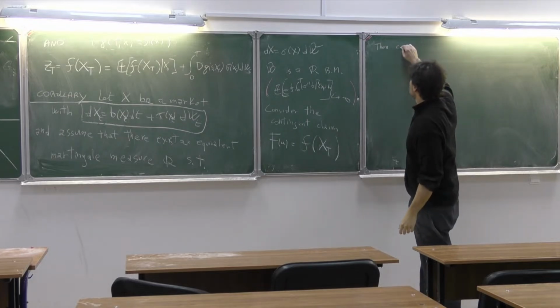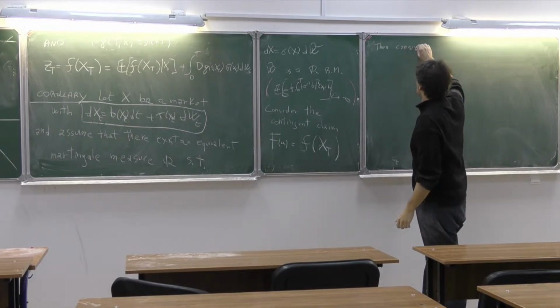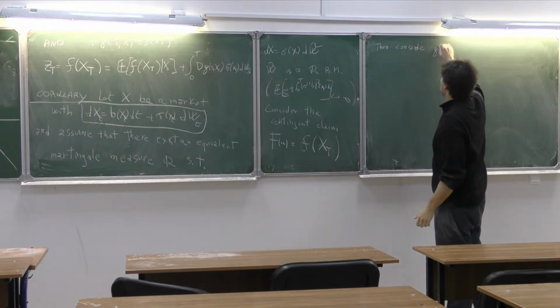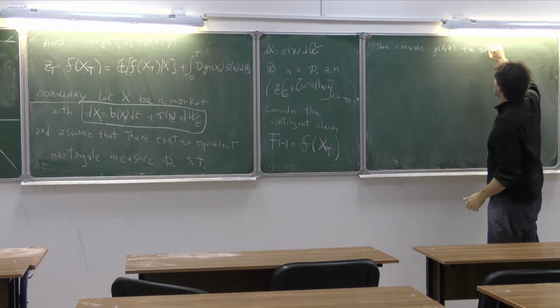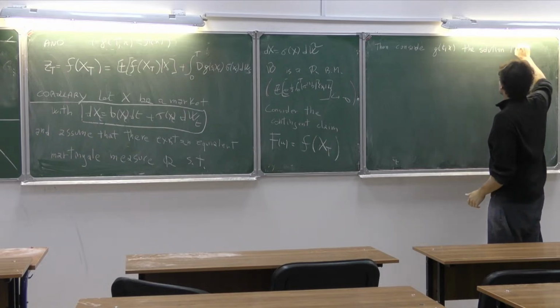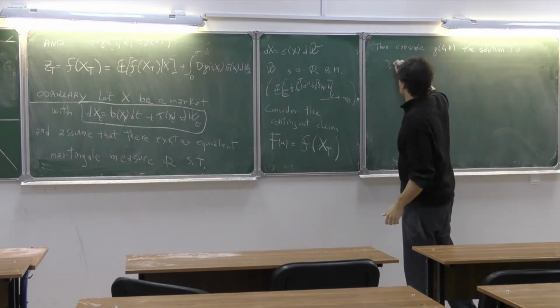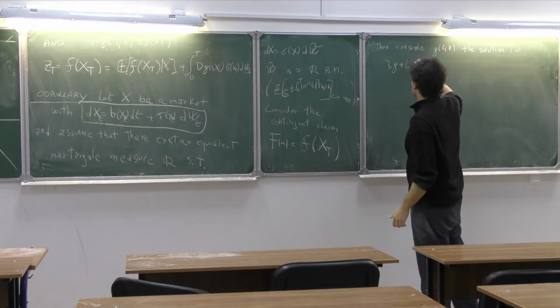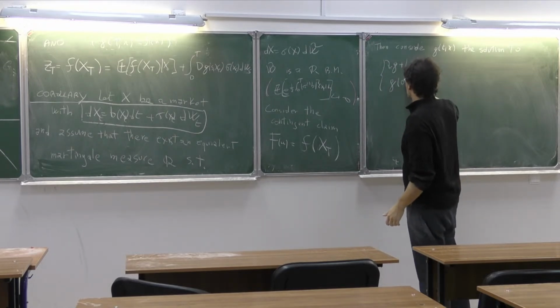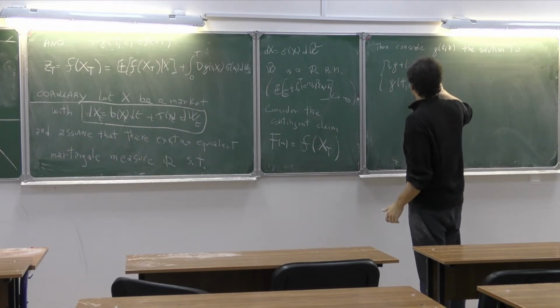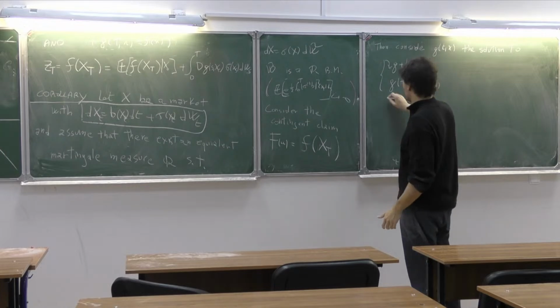Then consider g of t and x, the solution to dtg plus Lg equal to 0, with g of t and x equal to f of x at the final time.